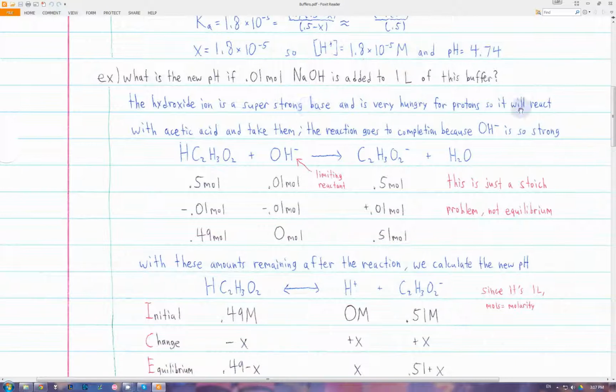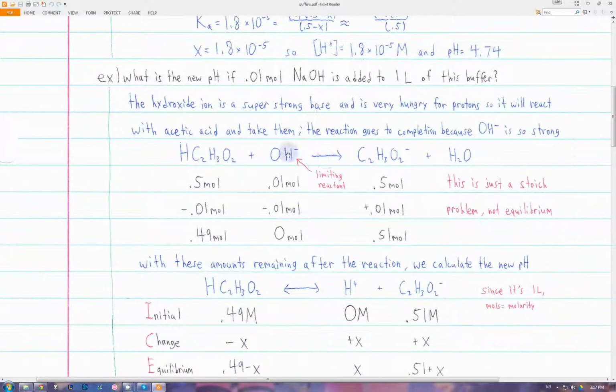It will find the best source of protons in the solution, which here is acetic acid, and then it will react with that acid to steal the protons. And since hydroxide is such a strong base, this reaction basically goes to completion. So you can see it's a single arrow, not a double arrow.